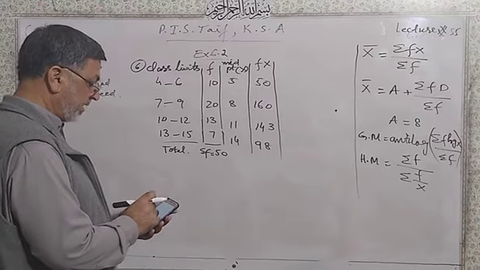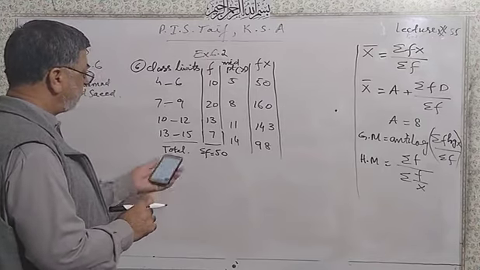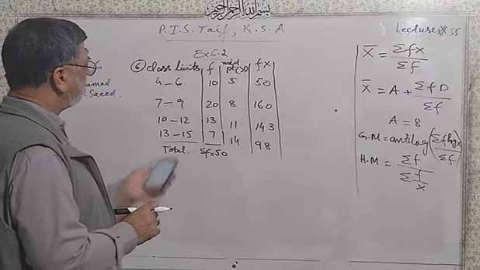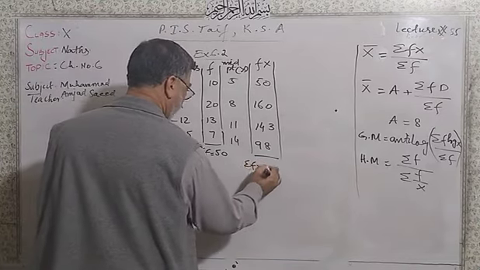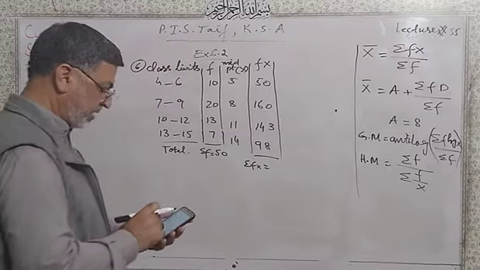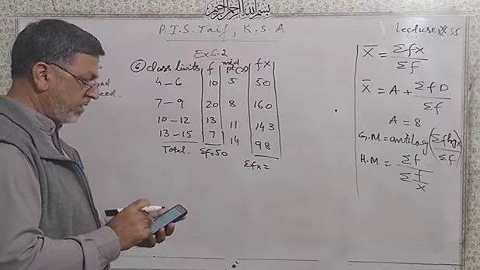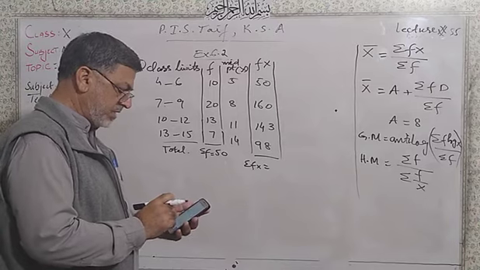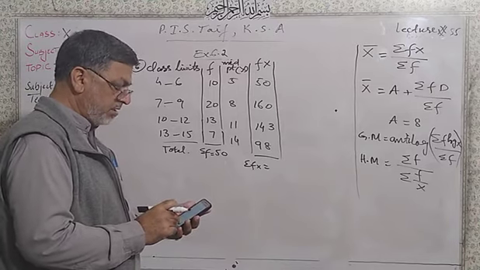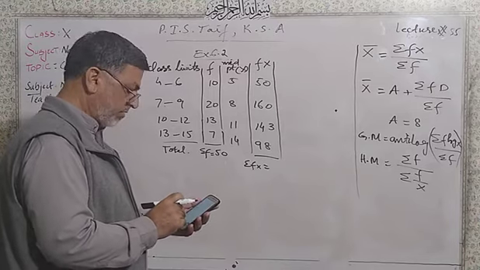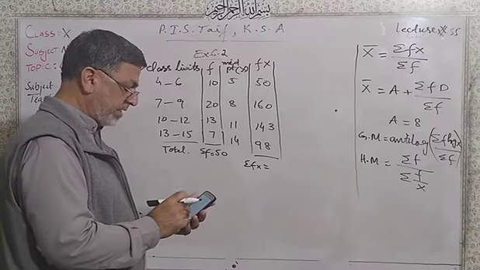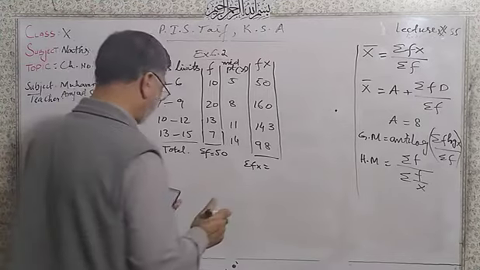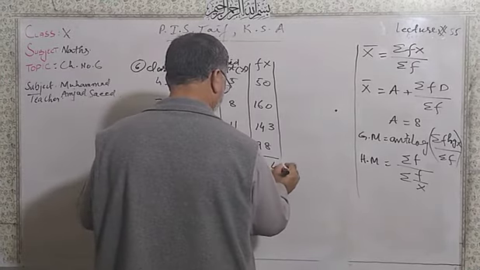Okay. Then we have sigma fx. We have to add them. 50 plus 160 plus 143 plus 98. That is 451.